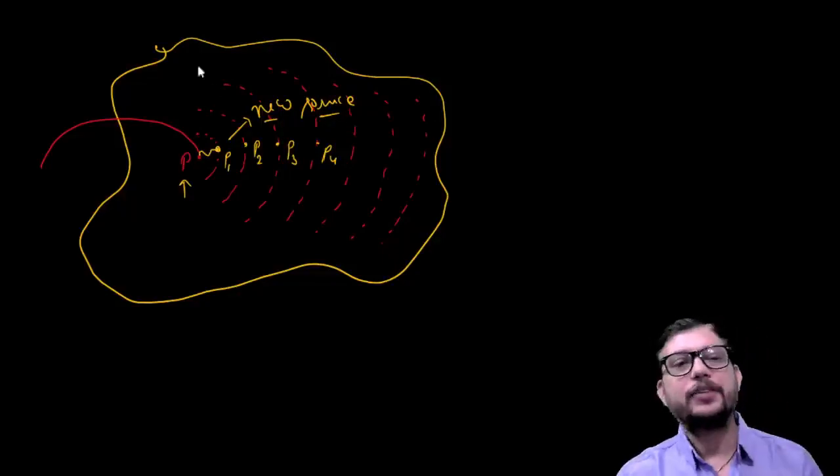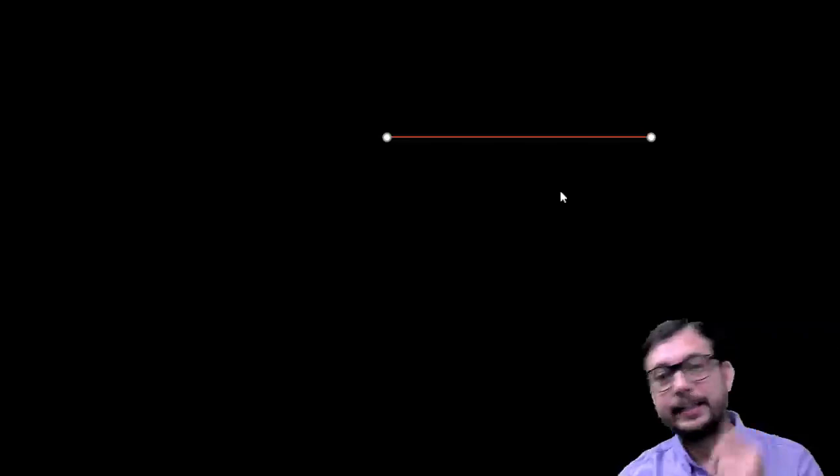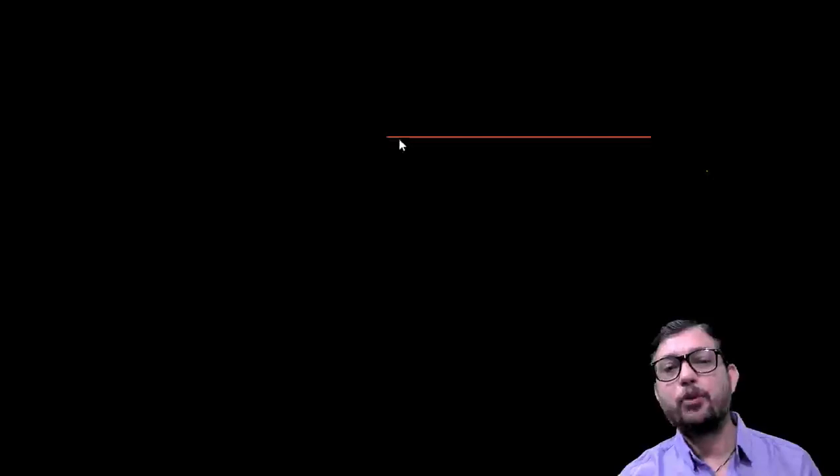As we know, reflection means, let's suppose we have a surface like this way, and this surface is polished. Now you have to take your incident rays.